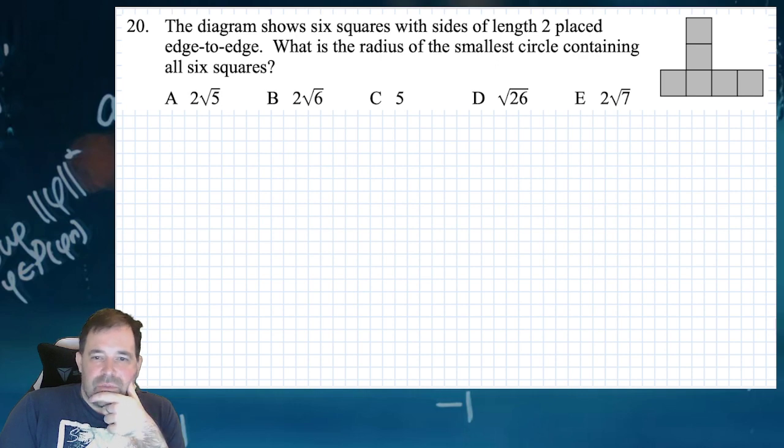The diagram shows 6 squares with sides of length 2 placed edge to edge. What is the radius of the smallest circle containing all 6 squares? So the widest point is here to here. Or here to here.